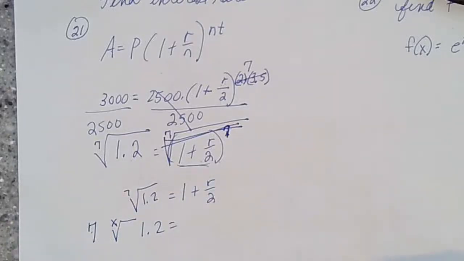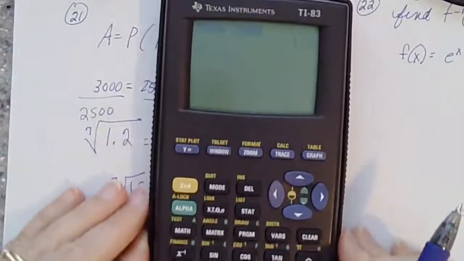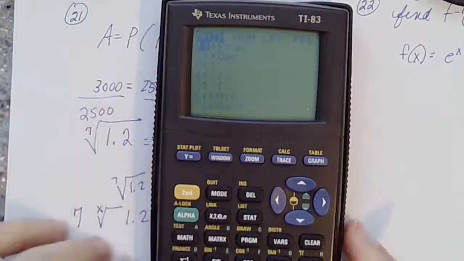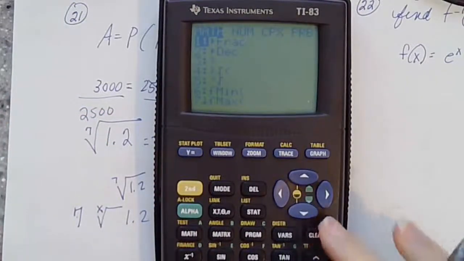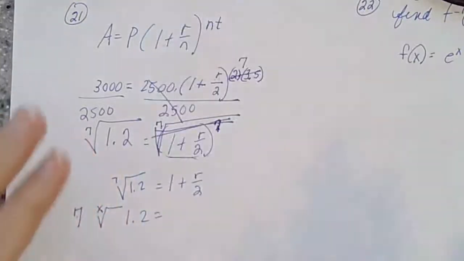In your graphing calculator, it's usually under math. So I'll type in my 7 and then go into the math function. You'll see it's the 5th one down, X root. It is in there, but you have to kind of work for it. So the 7th root of 1.2. I can do it that way. If none of that works, everyone can do this.